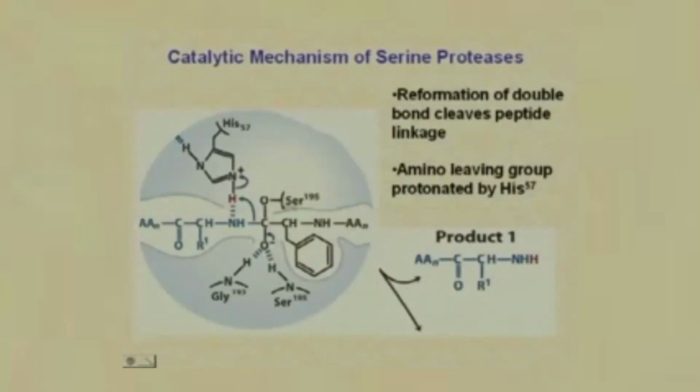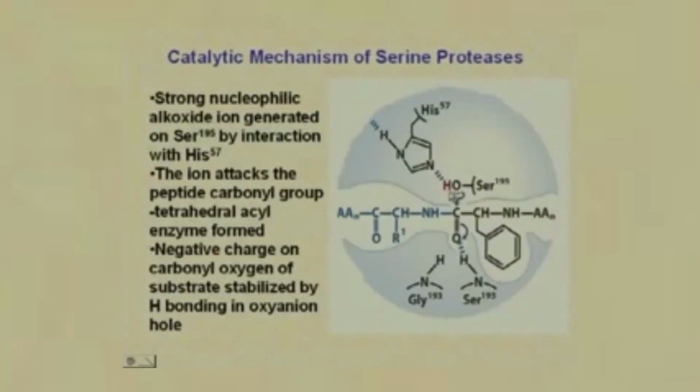So what do we have? This is our linkage. What did serine 195 do? It linked with the carbonyl group. How? After the H was abstracted from serine. The H that is marked in red here originally belonged to serine, right? If we go back to the previous step, this is the OH that originally belonged to serine.